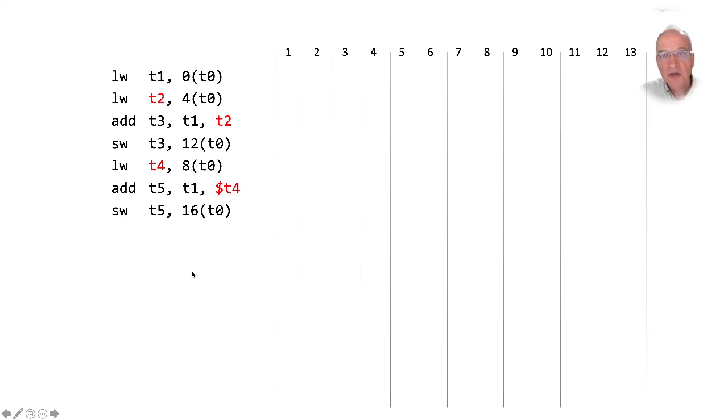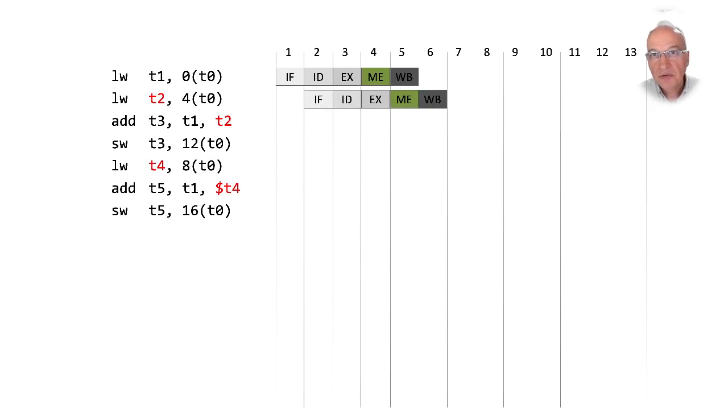And if I schedule the instructions in this fashion, what is going to happen is that starting at time 1, I can execute this load instruction, and I assume that I have the value of T0 already computed before, so I can proceed without stops. The second load also can proceed without any delay because it has the value of T0. But when I start executing my add now, I can do the instruction fetch, I can do the decode, but I cannot execute this instruction because it needs the value of T1 and T2.